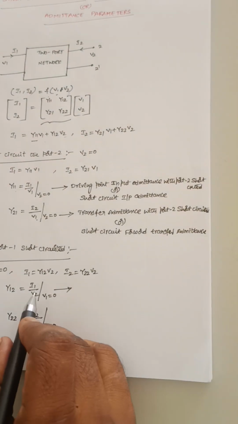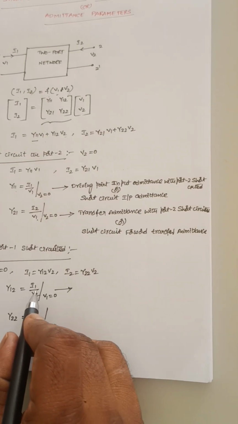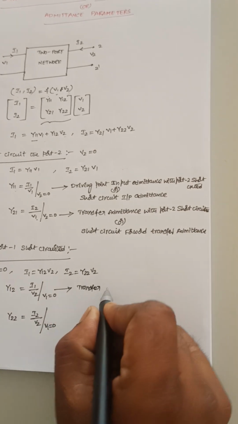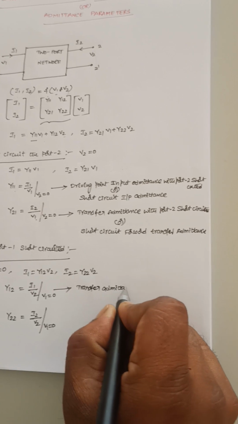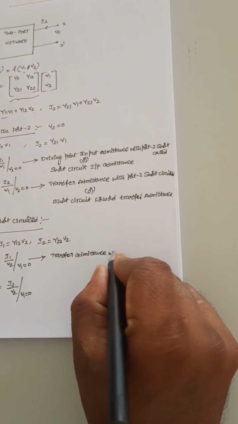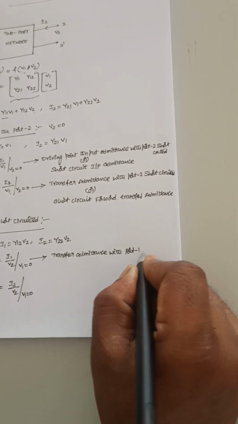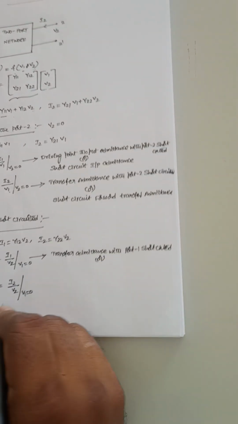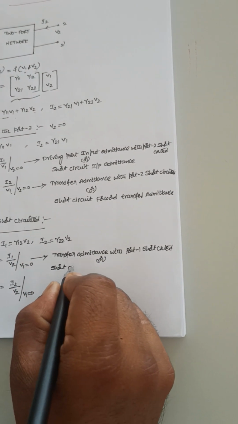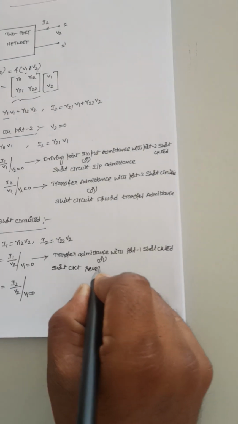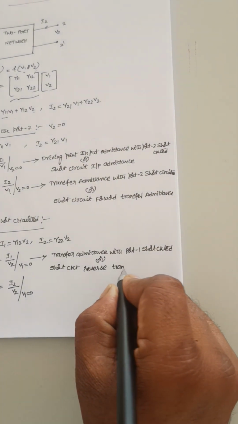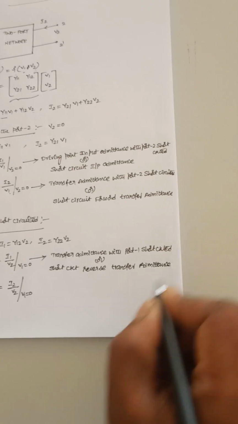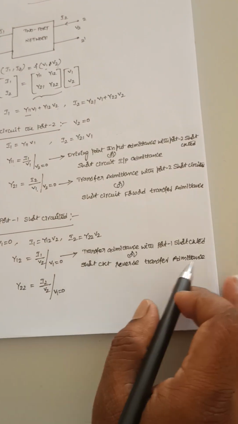This I1 by V2, as I already told you, is the transfer admittance with port 1 short circuited, or the short circuit reverse transfer admittance. So this is the name for Y12.